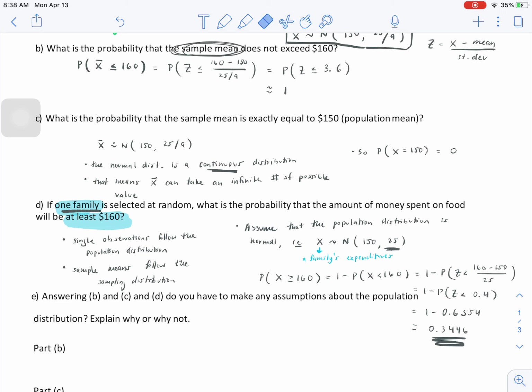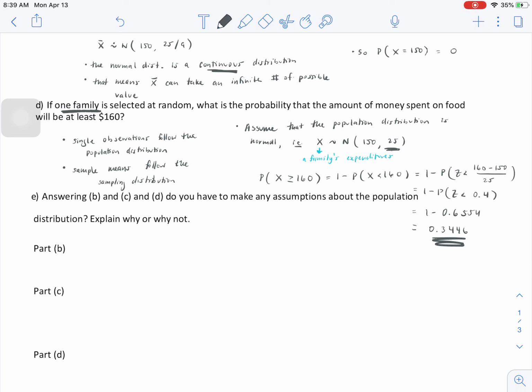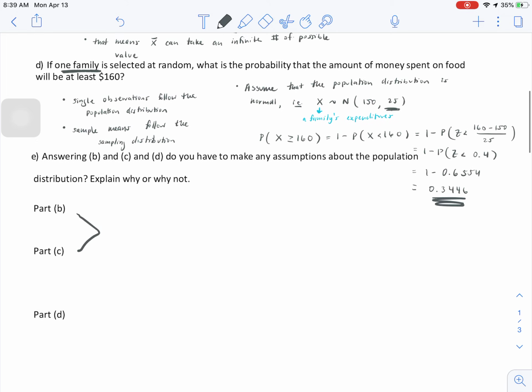I'll highlight this. The sample mean. And part C, we're asking about the probability that the sample mean is at least 150. So in parts B and C, we were using the central limit theorem.